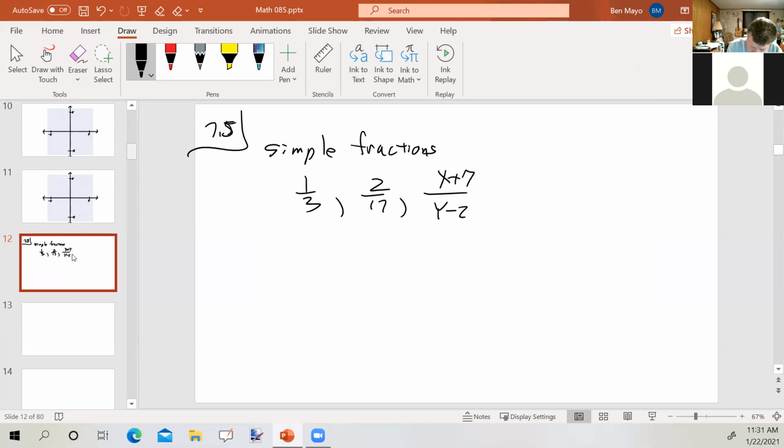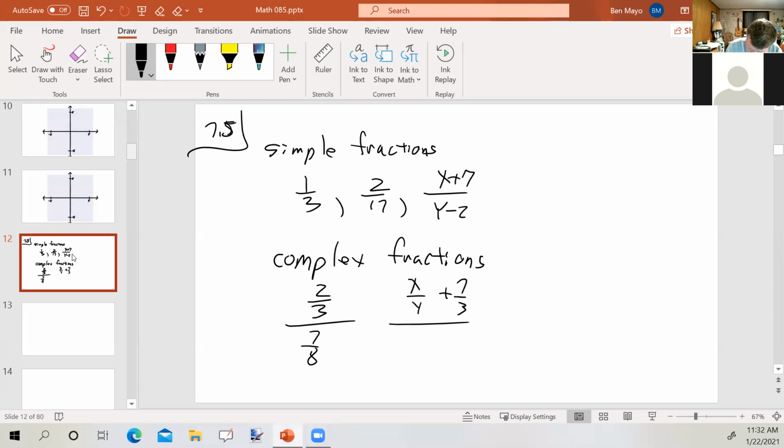Let's take a look at complex fractions. An example: 2/3 divided by 7/8, or x over y plus 7 over 3 over x divided by 2. So a complex fraction has more than just the big fraction.